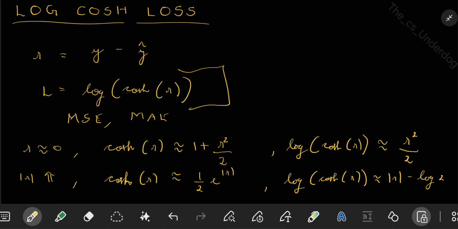In this case, this particular mod r is somewhat like the error term in mean absolute error. So whenever your residual is smaller, near 0, the log cosh function is functioning similar to mean squared error. Whenever your residual is larger, automatically your log cosh function is functioning similar to mean absolute error.